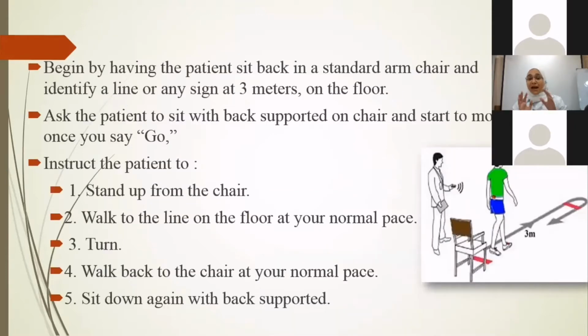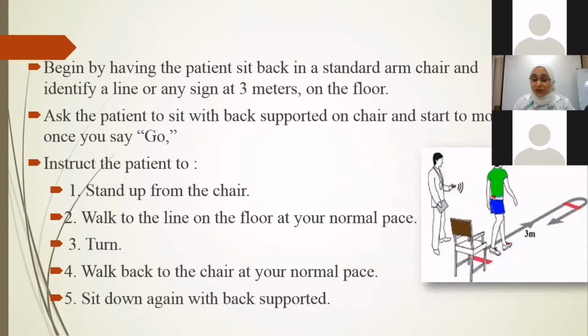So begin by having the patient sit with back supported on a standard armchair, and identify the line at a distance of 3 meters on the floor. We will ask the patient to sit with back support on the chair and start to move once the therapist says start, go.